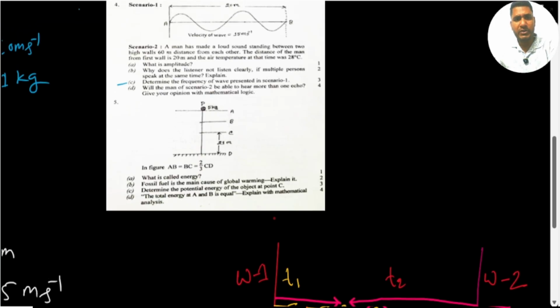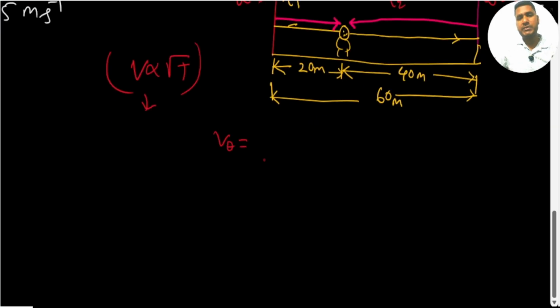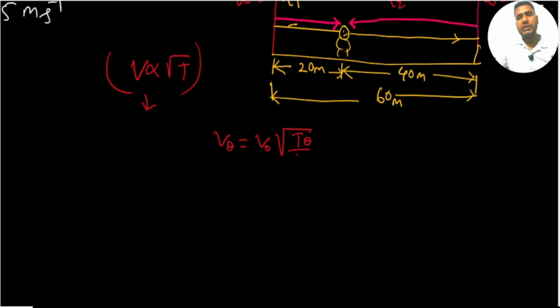For 0 degree Celsius temperature, what is the velocity of sound? It is not given in your textbook; it is 330 meter per second. Here v naught is 330 meter per second, the velocity of sound at 0 degree Celsius.